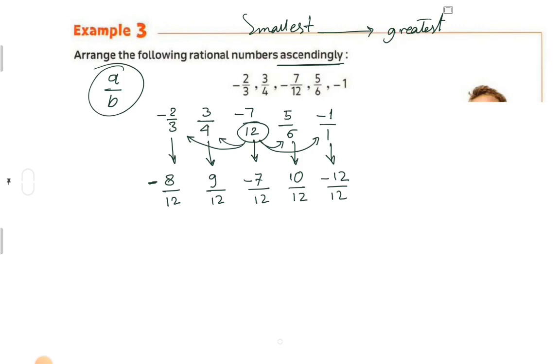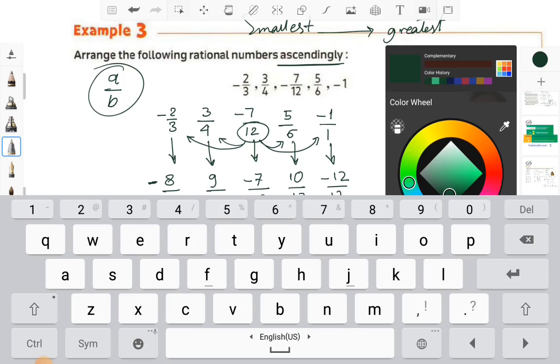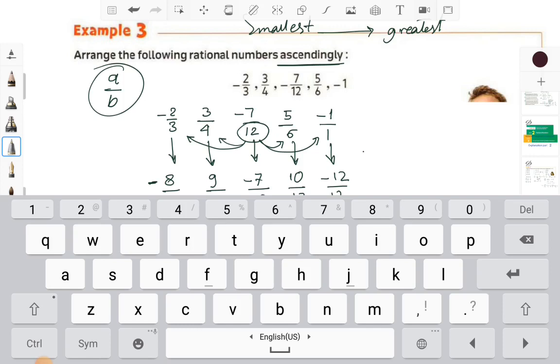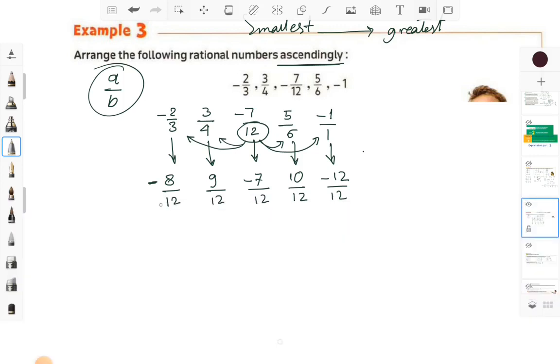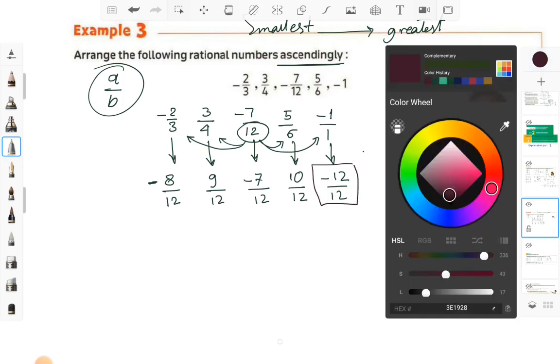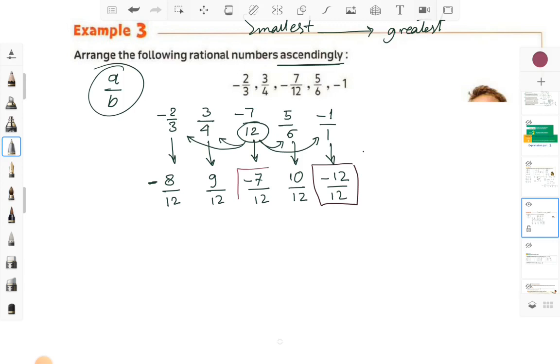Okay, I know that any negative will be smaller than any positive. Look here, negative and negative and negative. These three fractions are negative rational numbers.